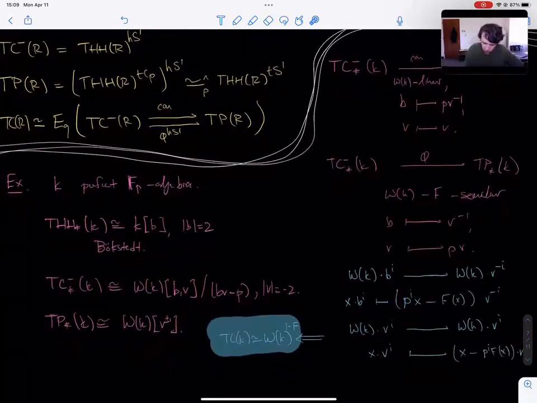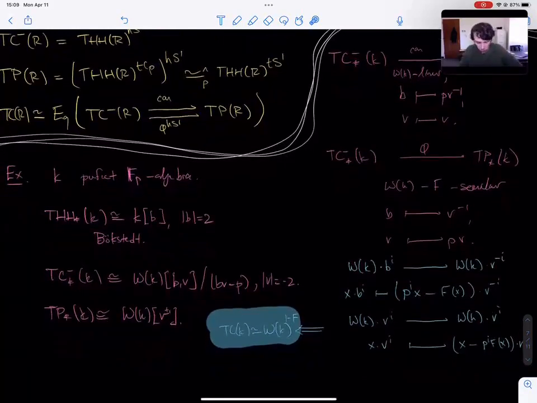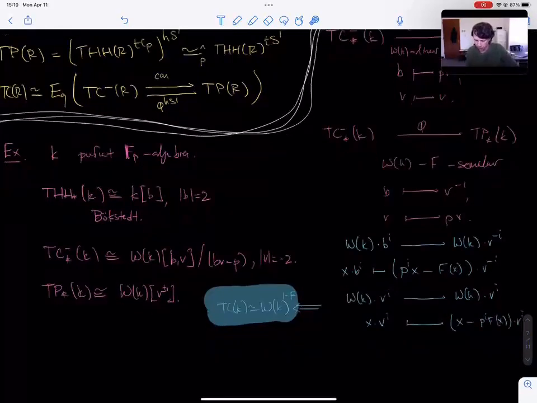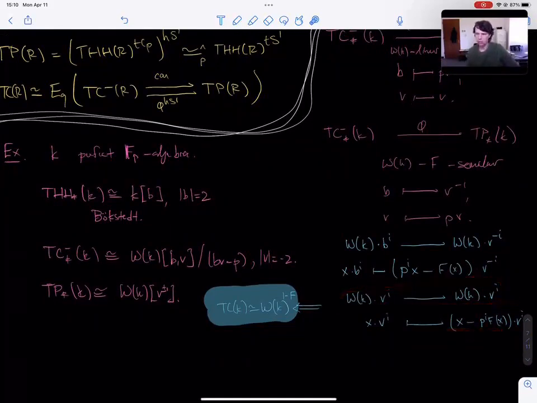So when you look at this equalizer diagram and you try to compute what is TC, in a non-negative degree, you have a basis generator B to the I, and you have a map that sends X times B to the I to this formula, P to the I X minus F of X, where F is the Witt vector Frobenius. And something similar happens in negative degrees. The formula is just slightly different.